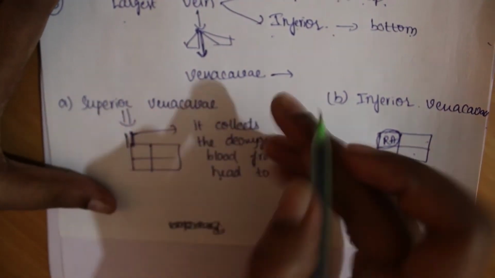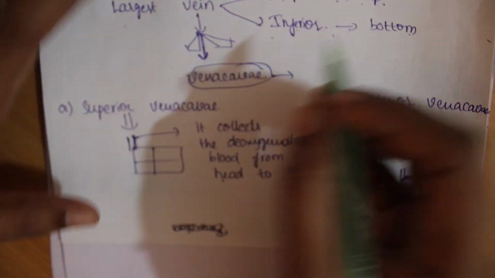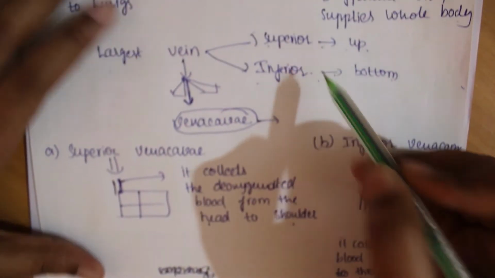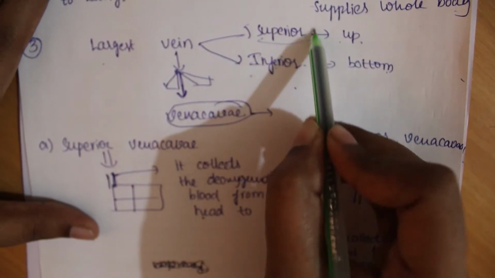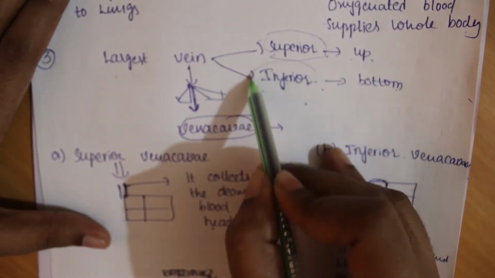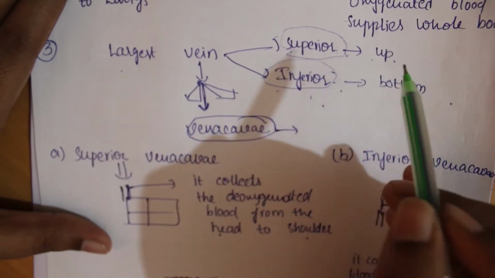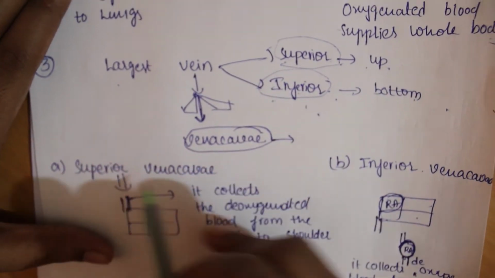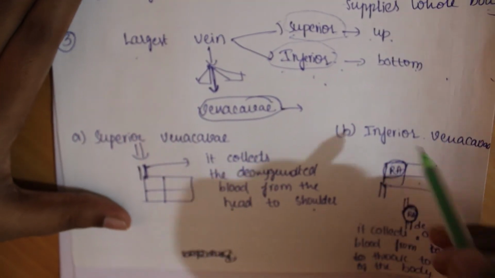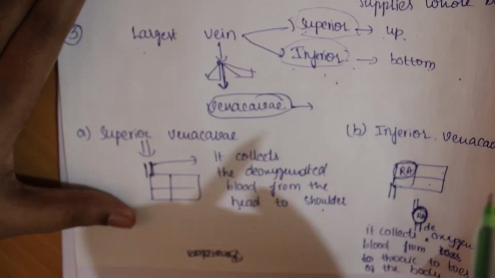These are the vena cava. It is divided into two, the superior and the inferior. Superior means upside and inferior is the bottom. They are divided into superior and inferior depending upon the location of the vena cava.